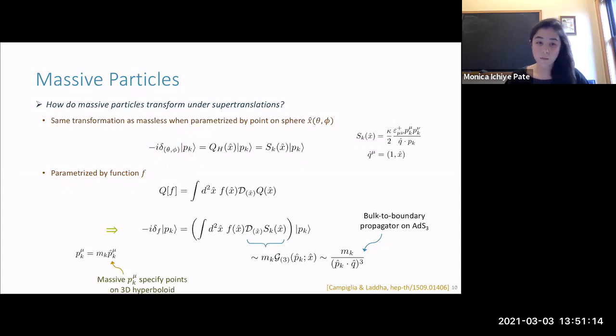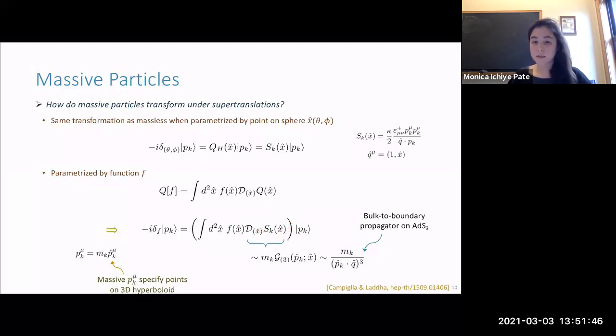Now the difference comes when we parameterize our symmetries in terms of functions f. There, we just follow our nose, and in order to deduce the symmetry transformation, we take this derivative operator, act on the soft factor, and convolve it against the function. In the previous case, we saw that the soft factor was a Green's function on the 2-sphere.